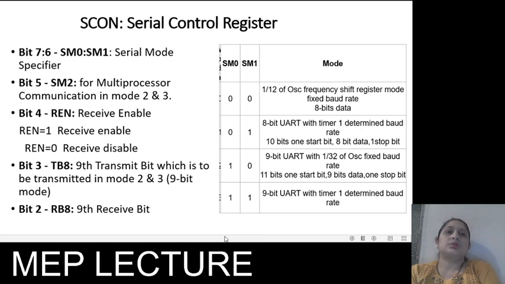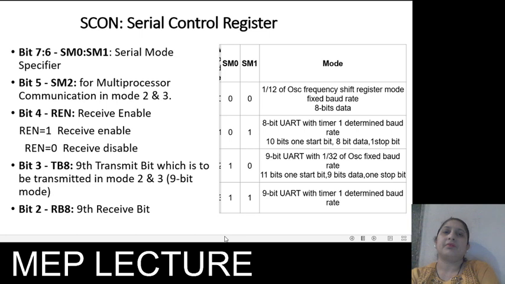When we talk about mode 0, it is the shift register mode with a fixed baud rate of 1/12 of the oscillator frequency. Mode 0 means it can transmit 8-bit data.